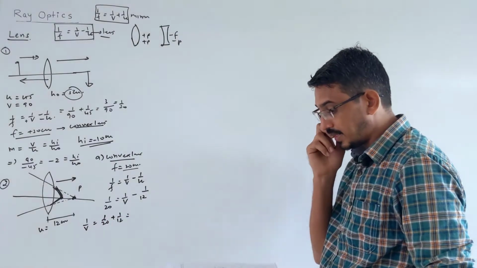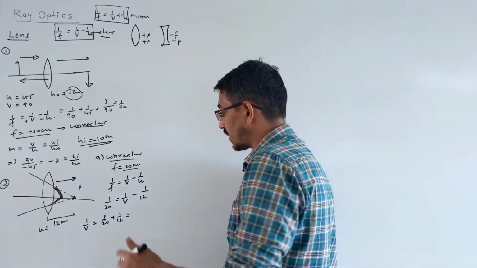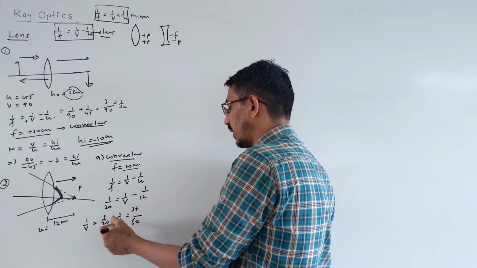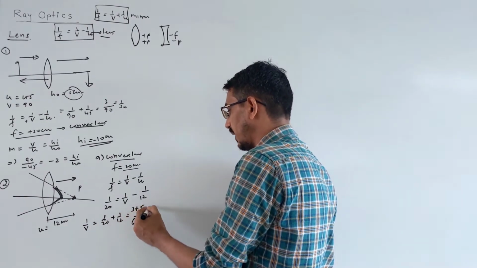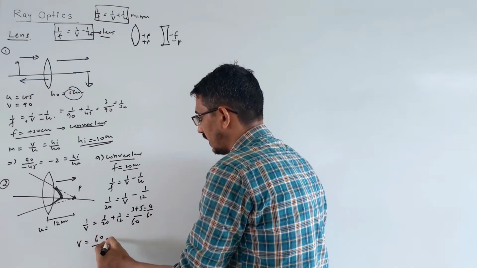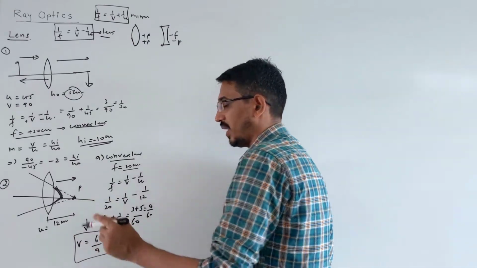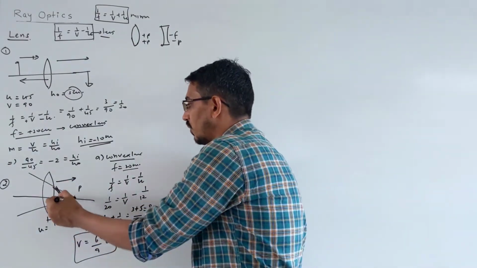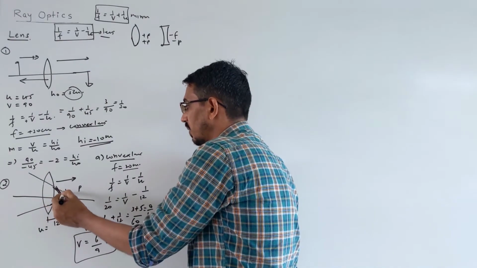You can take LCM 60. 20 goes 3 times, 12 goes 5 times, so it's 8 by 60. So v is 60 by 8 centimeter, and it's a positive answer, which means the image forms on this side itself, here at this object point.